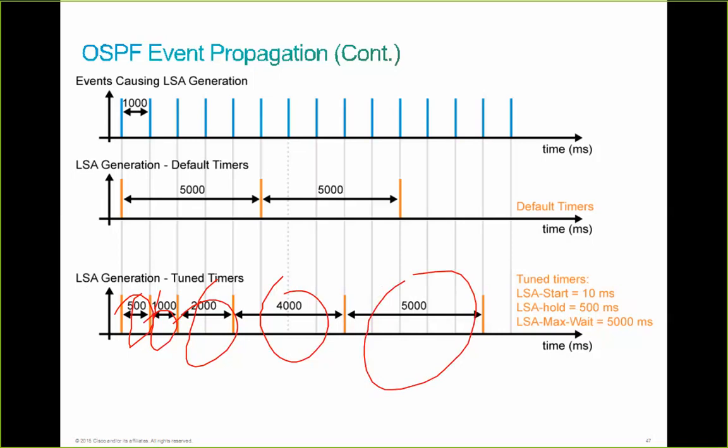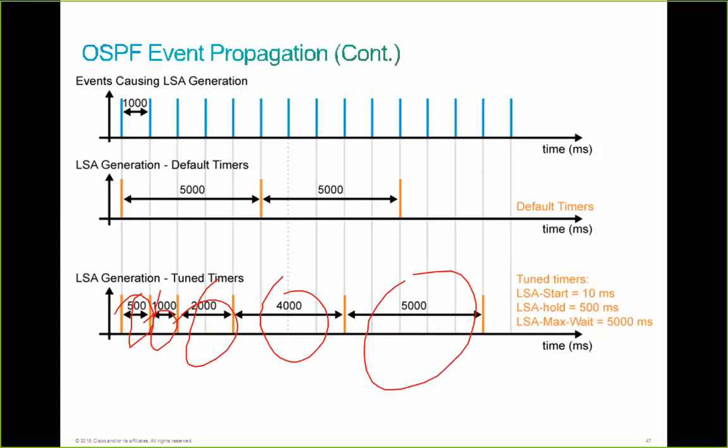I can double 1,000 to 2,000. I can double 2,000 to 4,000. All right? And then from that point forward, what happens? On a 5,000 millisecond wait time, every 5,000 milliseconds we'll apply that value to our successive LSAs from that point forward.